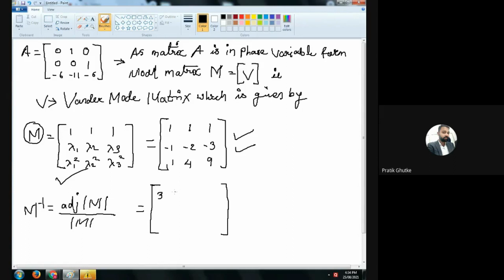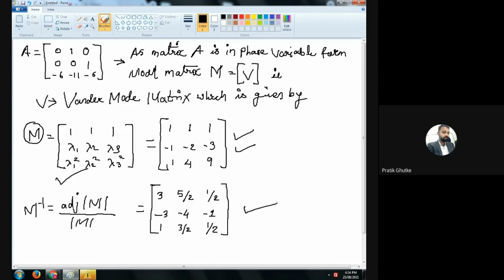3 by 2 means in your calci there would be 1.5. That's why I have written here 3 by 2. Here it would be 0.5, means 1 by 2. And in the second row it will be minus 3, minus 4, minus 1. And in the last row there would be 3 by 2, and then 1 by 2.